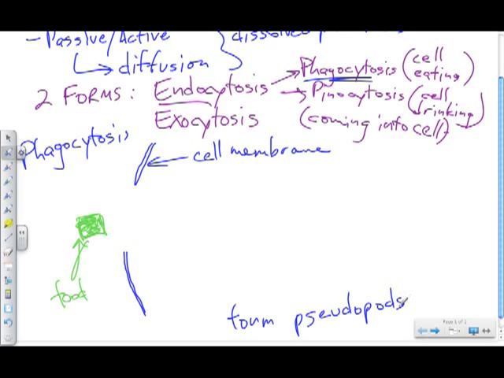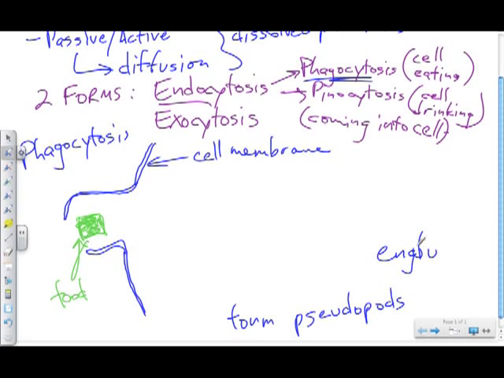You probably came across the term pseudopods when talking about single-celled organisms like the amoeba. So what they do is they form these pseudopods, which are like fake arms around the food particle that they're trying to bring in.